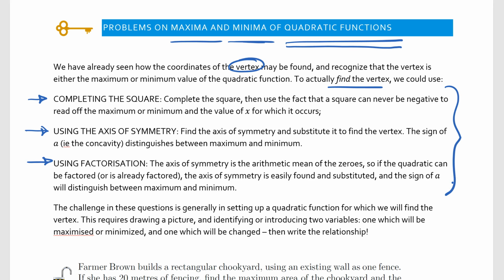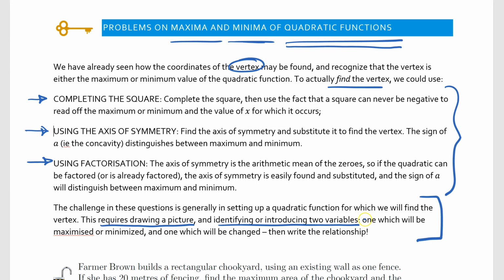So this is not a problem. The use of the quadratic techniques for finding the axis of symmetry and hence the maximum or minimum value is generally not a problem. The problem is usually getting the quadratic function that we have to find the vertex of. This becomes a problem of understanding the question, which is usually helped by drawing a picture, and of making sure that we only have one variable eventually.